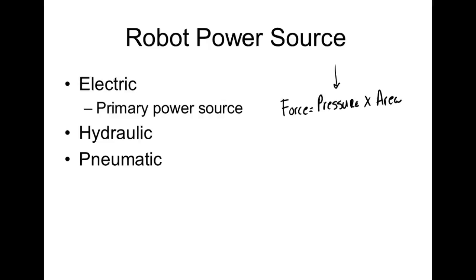Y'all understand the difference? A lot of people don't. A lot of people think pressure and force are the same, but they're not. So the advantage of hydraulics is we have the ability to use extremely high pressures.